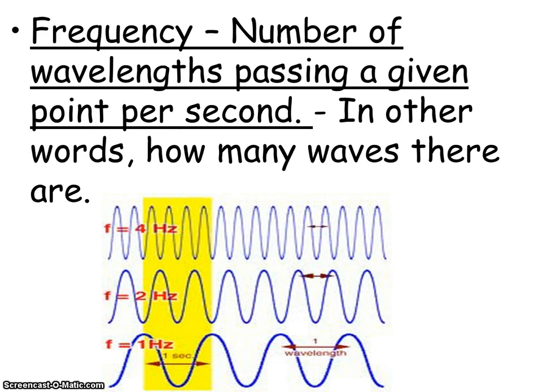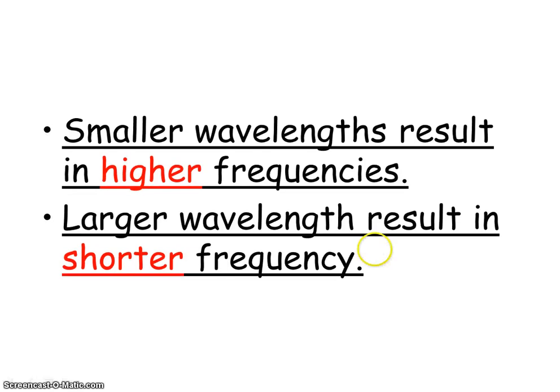Once again, these have nothing to do with the amplitude, which is the power. Amplitude is the power. Frequency and wavelength, how many waves per second and how long those waves are. Once again, can't stress this enough. Smaller wavelengths result in higher frequencies. Because the waves are so much smaller, there can be so many more of them per second.